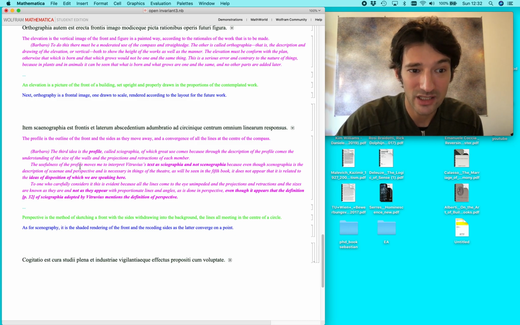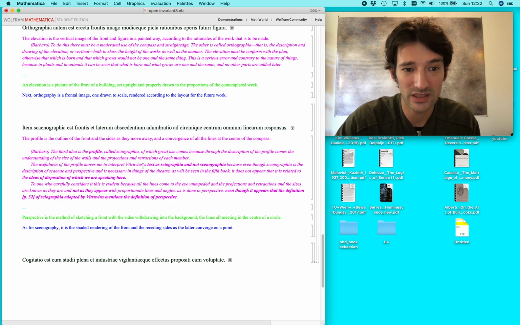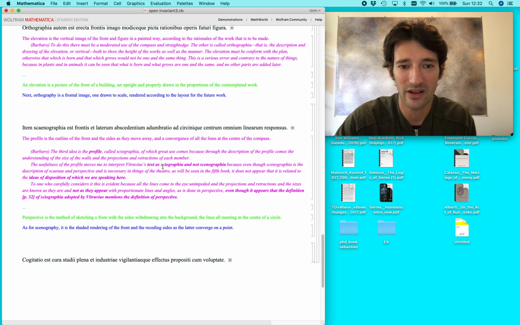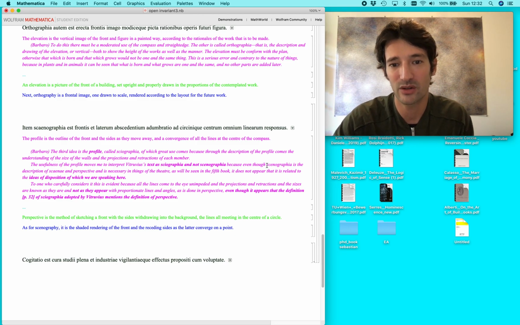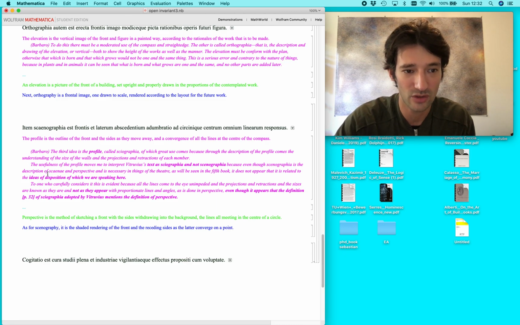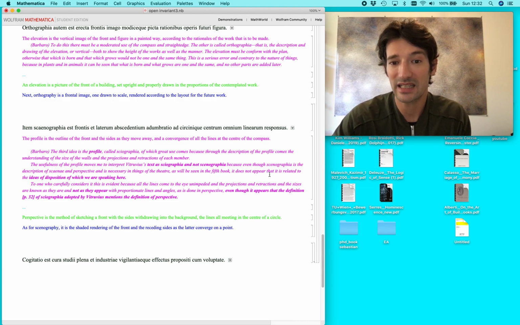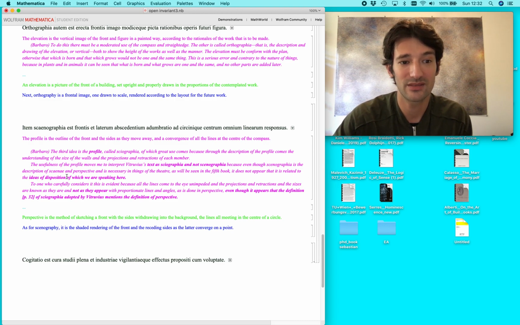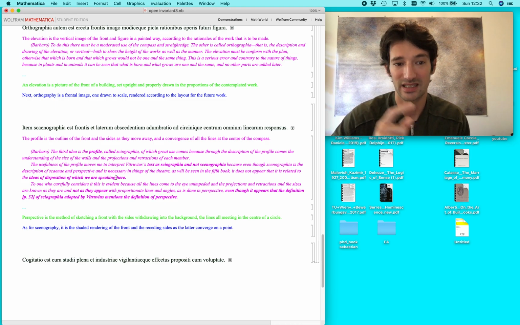And then he says, the usefulness of the profile moves me to interpret Vitruvius' text as sciographia and not scenographia, because even though scenographia is the description of the scena and the perspective, and it's necessary in things of the theater, as will be seen in the fifth book, it doesn't appear that it's related to the ideas of disposition of which we are speaking here. So it's not this disposition, it's a different one.